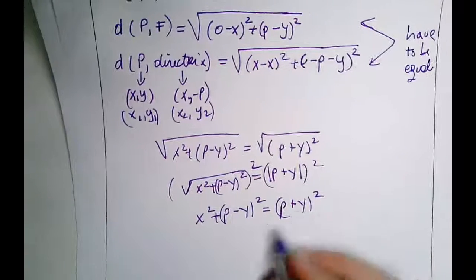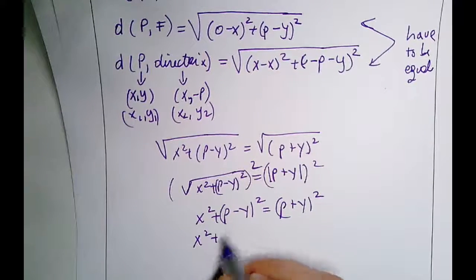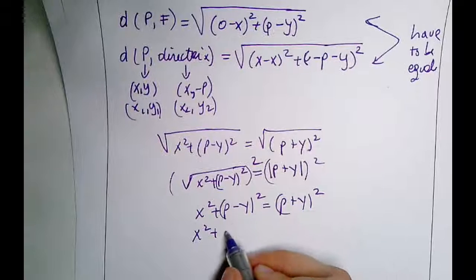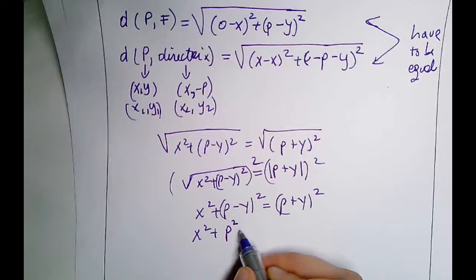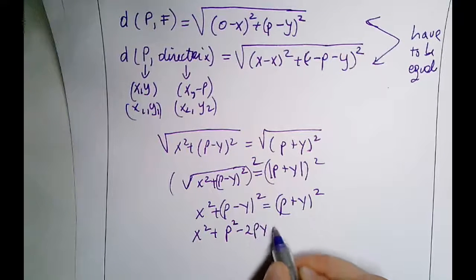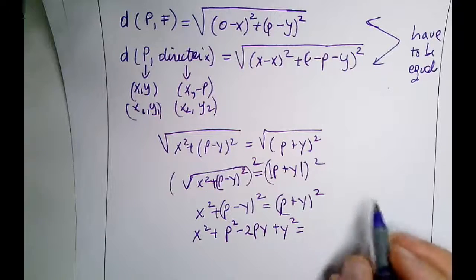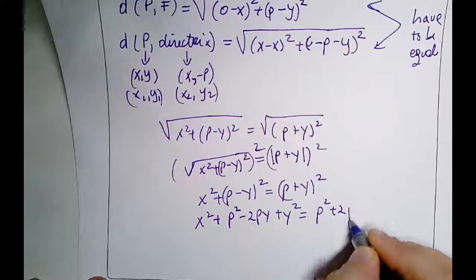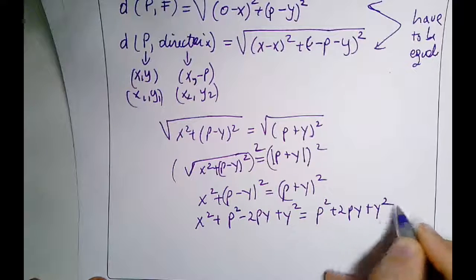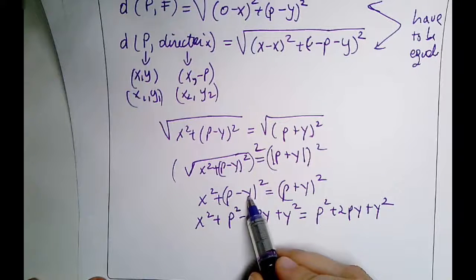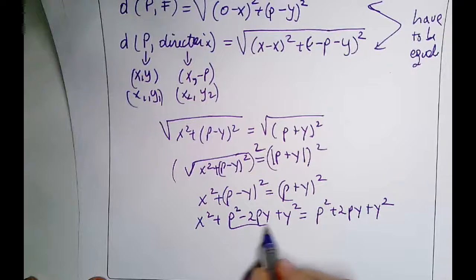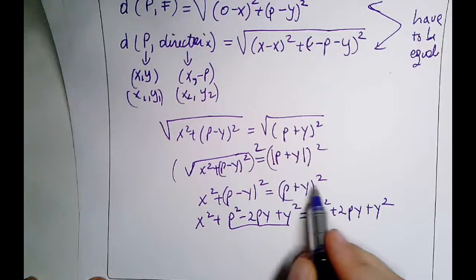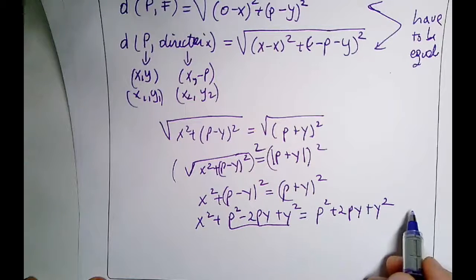So now I'm just going to calculate this. (p minus y) squared gives me p squared minus 2py plus y squared, and (p plus y) squared gives me p squared plus 2py plus y squared. If you just FOIL p minus y times p minus y, you're going to get this, and if you FOIL p plus y times p plus y, you're going to get that.